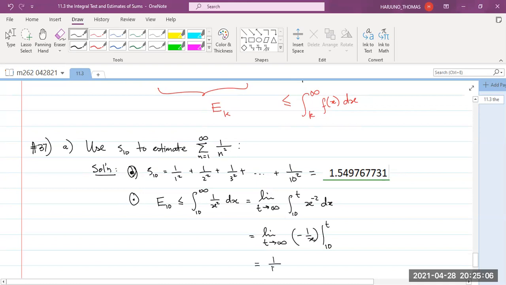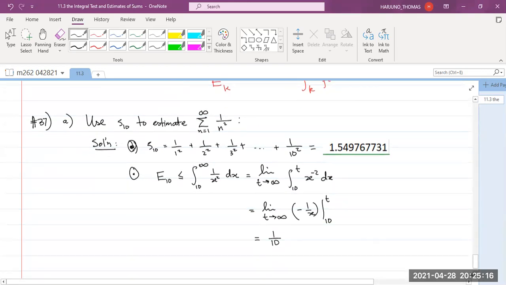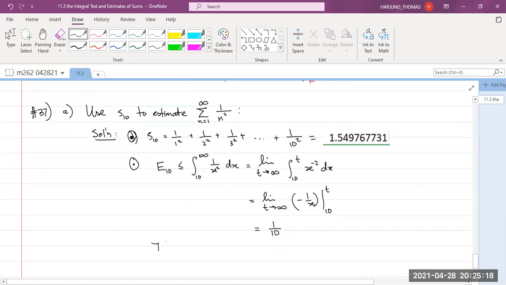That will be 1/10. So the error is at most 0.1.